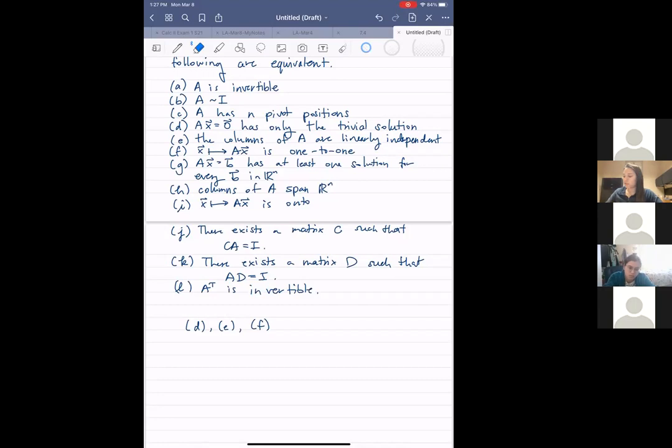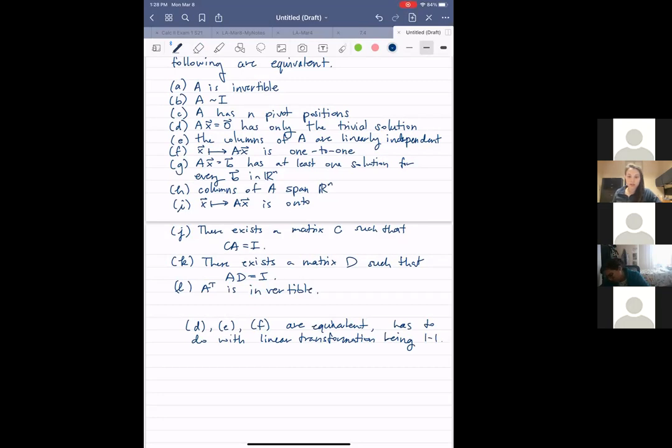So D is equivalent to E is equivalent to F, and this has to do with the linear transformation being 1-to-1.